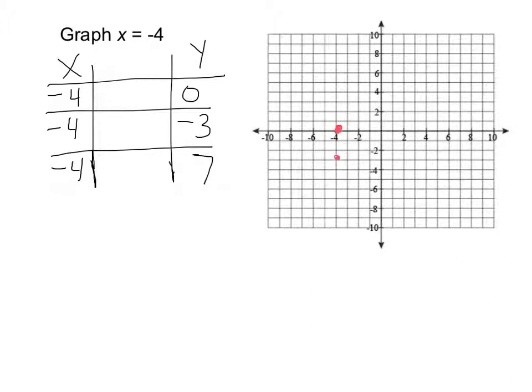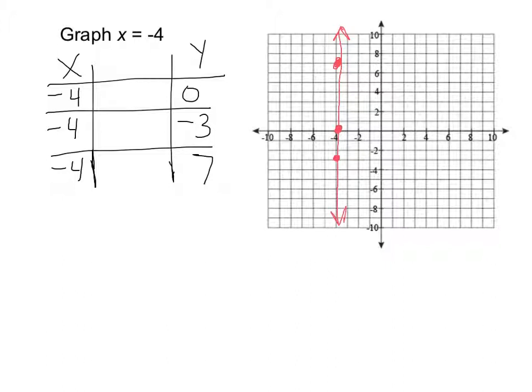There we go. And negative 4 comma 7: I go over to negative 4, but go up to 7. You'll notice here that I don't have a horizontal line, but a vertical line. And that will always be the case when you have x equals a number.